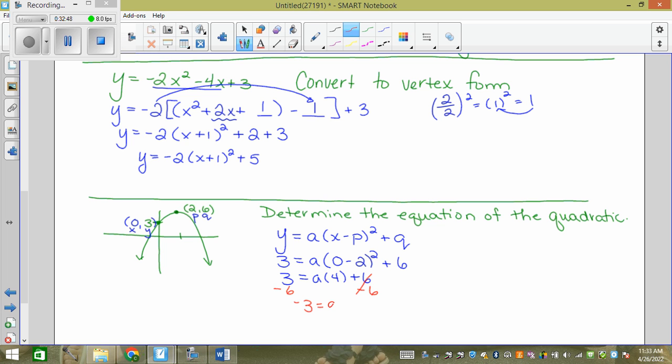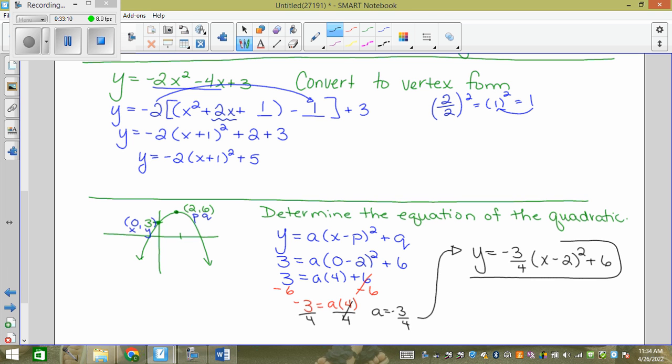Negative 3 equals a times 4, divided by 4. a equals negative 3/4. And so we get y equals negative 3/4 times x minus p, so x minus 2 squared plus 6. Why did you use the vertex for it? The vertex is 2 and 6. Oh.